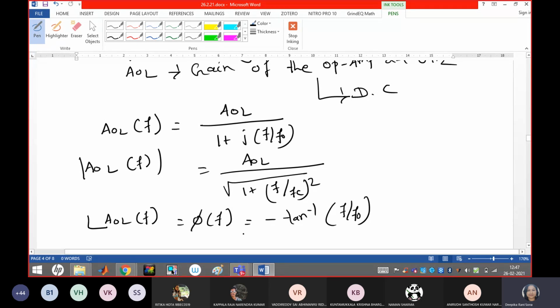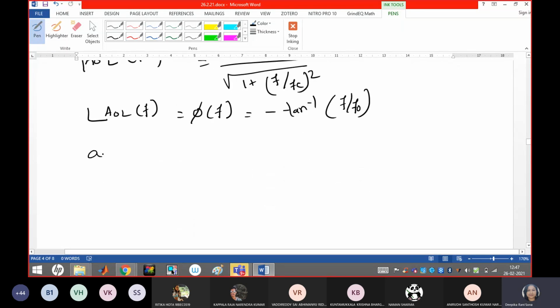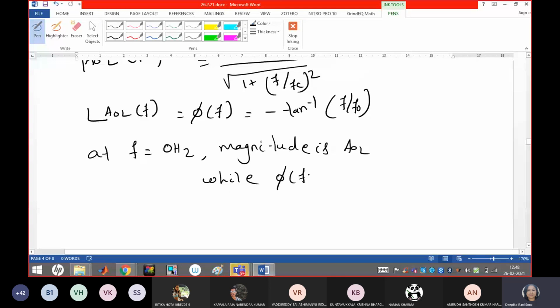So one note I will write here. At f equal to 0 Hz, magnitude is this one, while phi of f may be 0 degree.